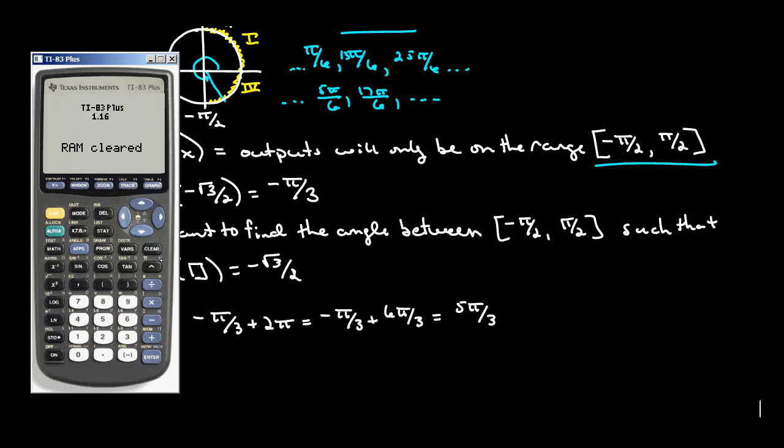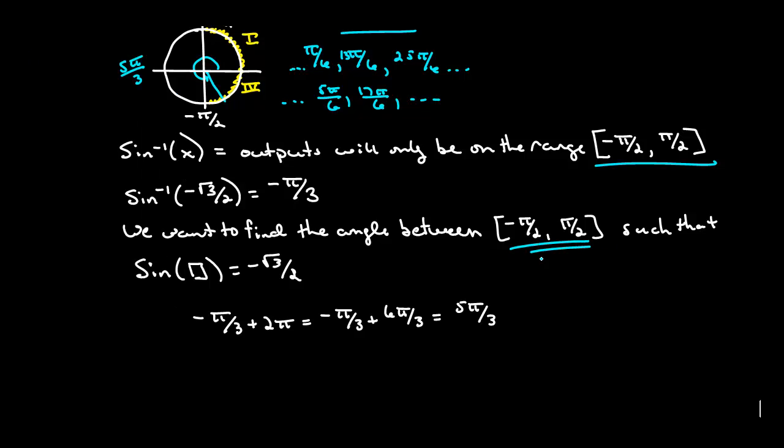Let's make sure we're working in radians, which we are. So if we take the sine at 5 pi over 3, that's the same as negative square root of 3 over 2. However, 5 pi over 3 does not fall on that interval. What does fall on that interval is negative pi over 3.